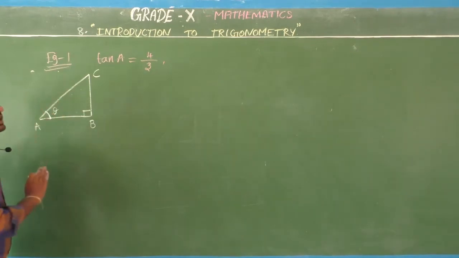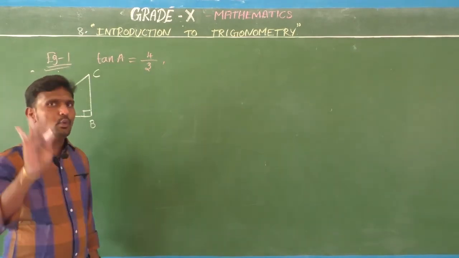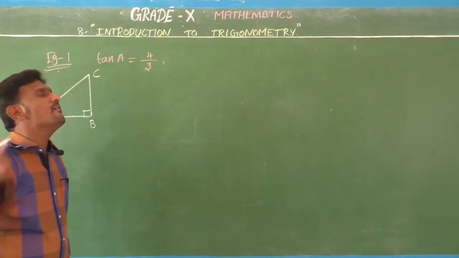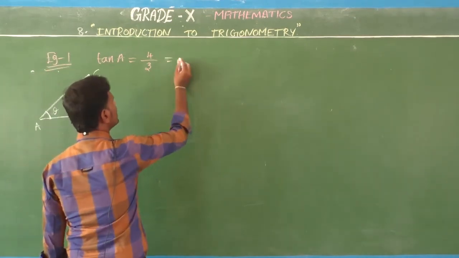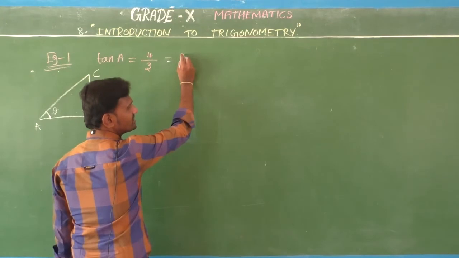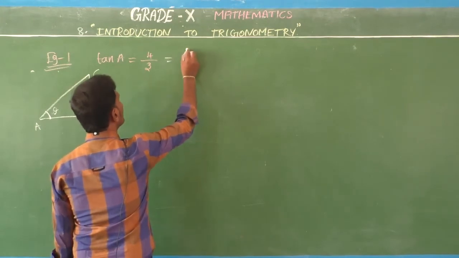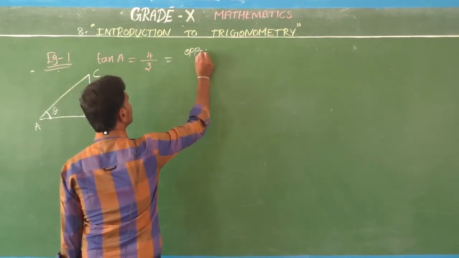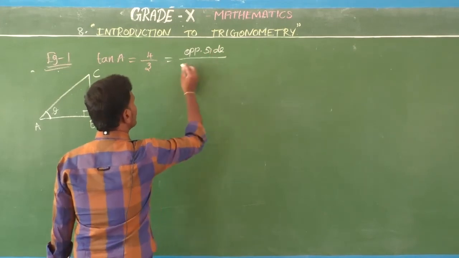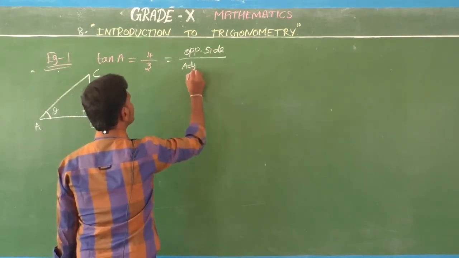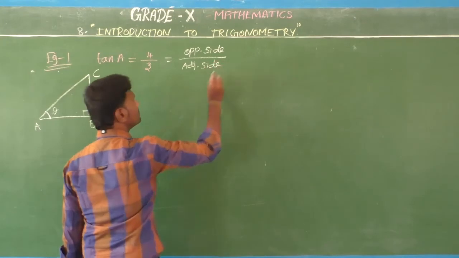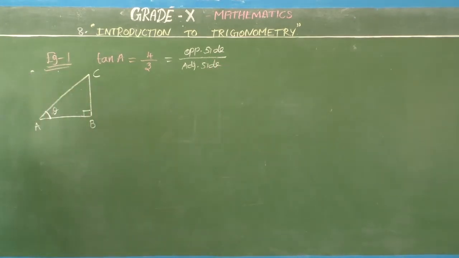Tan theta is given, and before that you should know the trigonometric ratio for tan theta. Tan A is equal to the opposite side divided by the adjacent side. Opposite side divided by adjacent side.